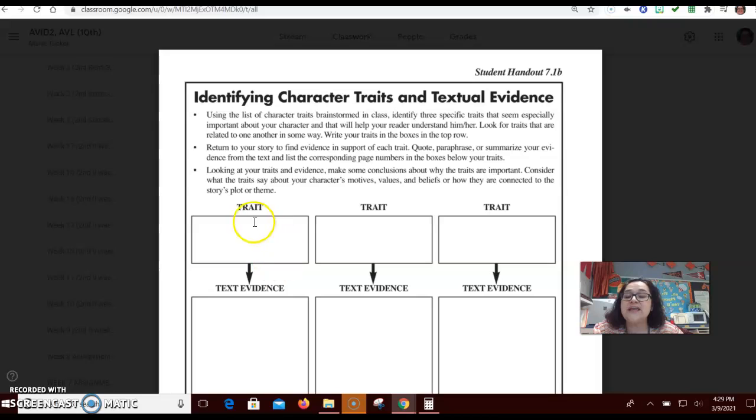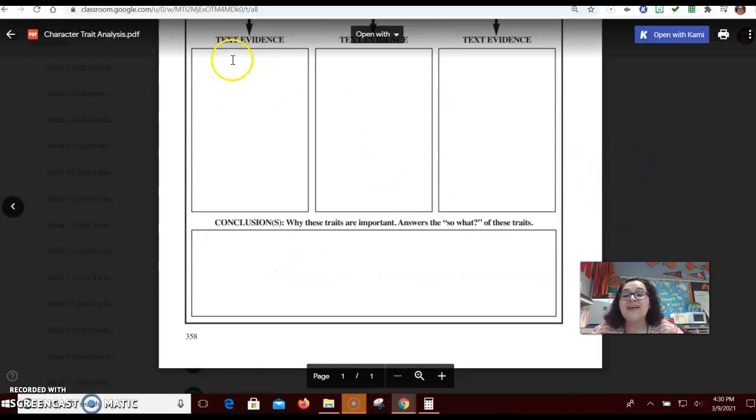So again, if you said that this person believes love conquers all, then I need you to tell me on page 47, when her sister was afraid she was going to lose her boyfriend, she said this, she said this, she said this. Now, guys, I'll tell you, this box is definitely not big enough to put all your evidence.